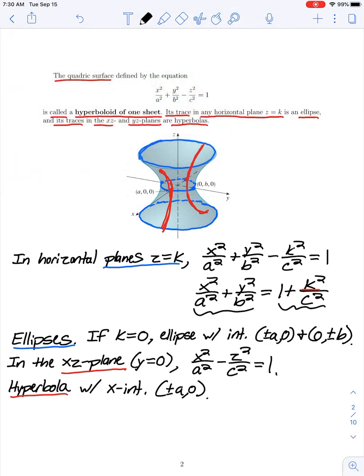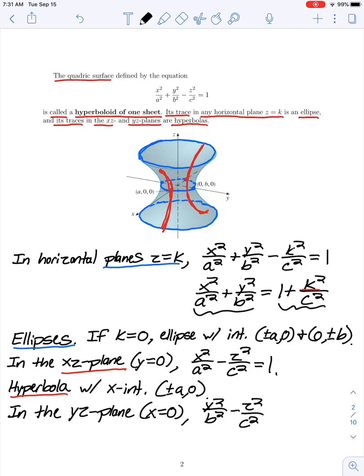Okay. Now in our other coordinate plane, that is in the yz plane, which is the plane defined by x equals 0, the equation for this hyperboloid would be y squared over b squared minus z squared over c squared is 1.